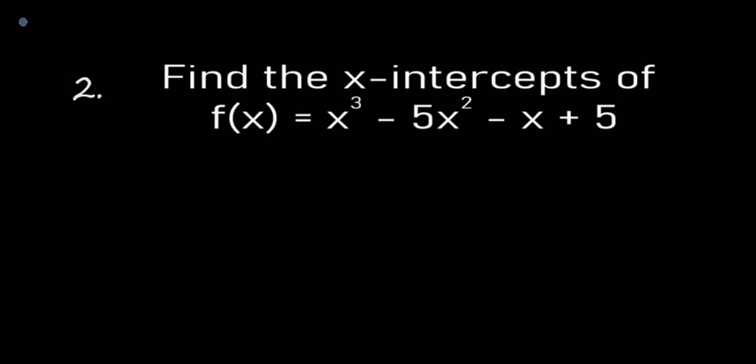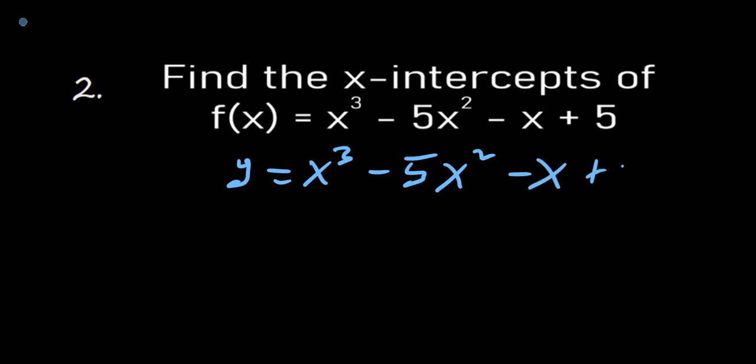Question 2. Find the x-intercepts of the function f of x equals x cubed, negative 5x squared, negative x plus 5. Now, first we have to change f of x to y, and the function becomes y equals x cubed negative 5x squared negative x plus 5.